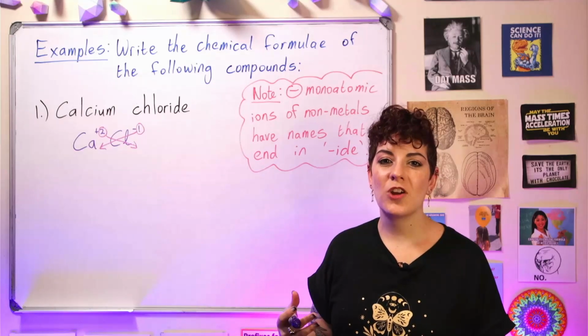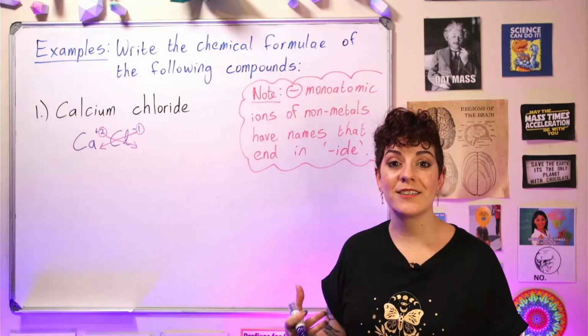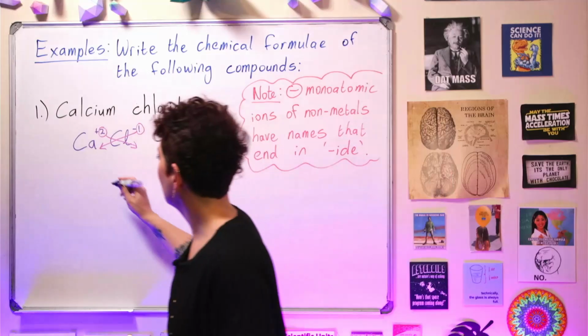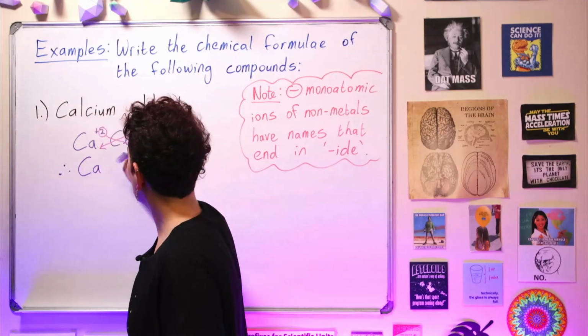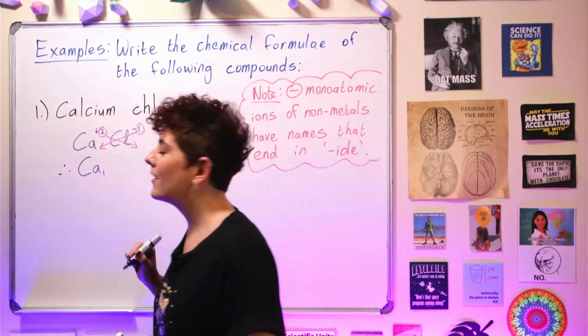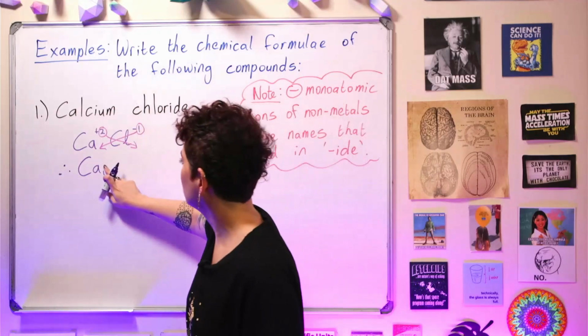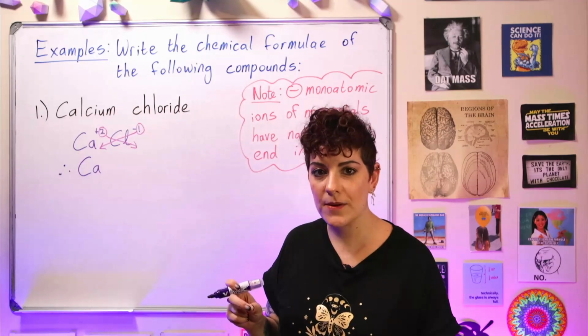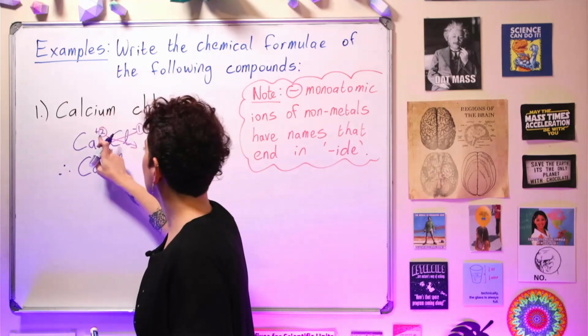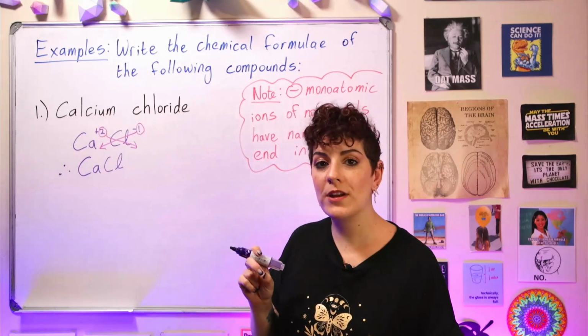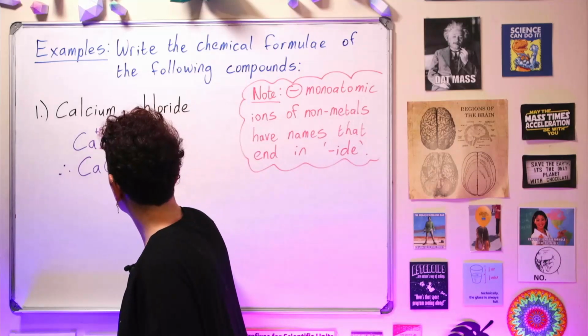So now we can jump to the fourth and final step, which is writing the final chemical formula. So this is going to therefore be Ca, and we cross over the 1, but then you can erase the 1 because we don't show 1s in chemistry. Then we write the Cl, and the number we crossed over to the chlorine corner is 2.